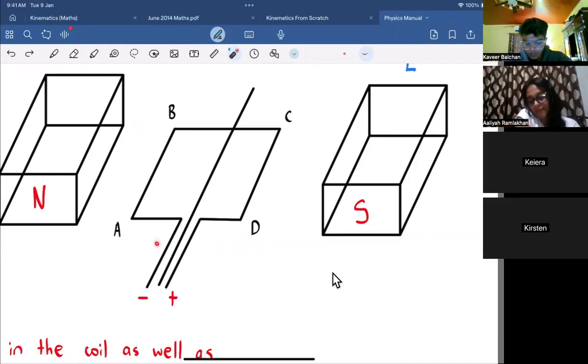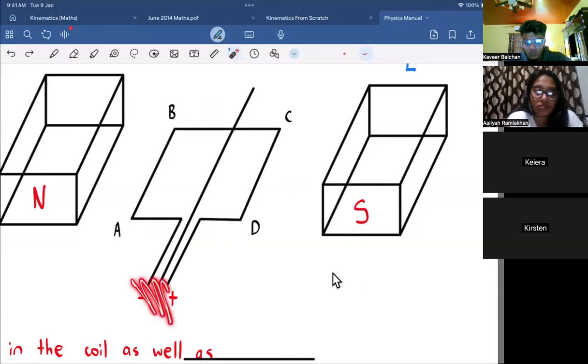So around this wire, I have a magnetic field if it has current, as we know. What also works is if I have a wire between two magnetic fields and I spin this manually, it will cause a current. It will induce a current in the wire.